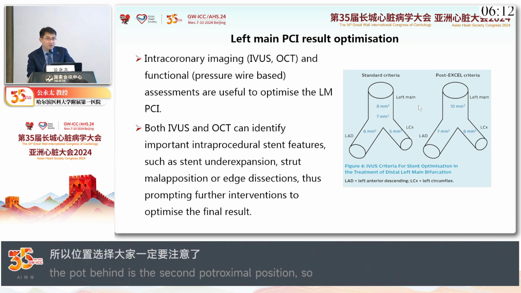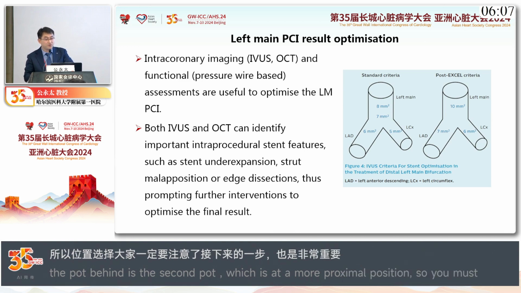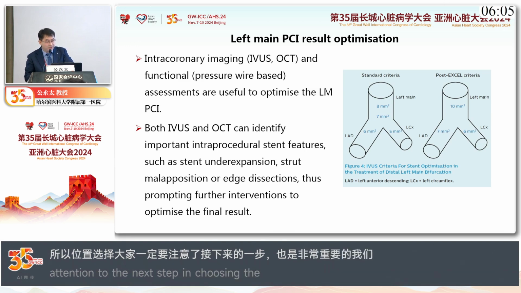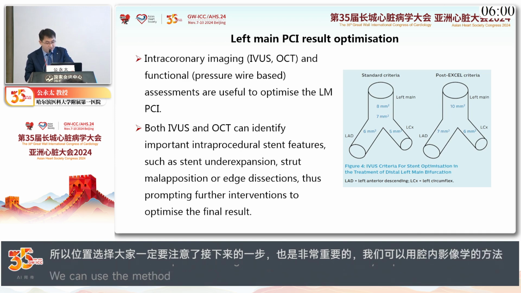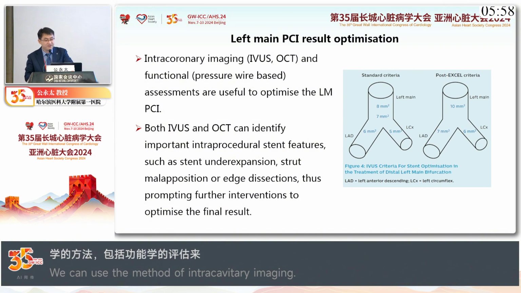The next step is very important. We can use intracoronary imaging and functional assessment to optimize the left main PCI.